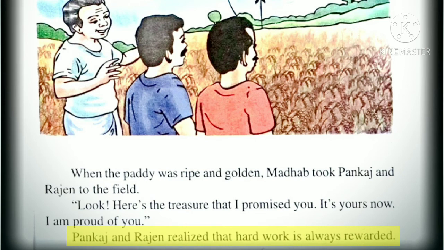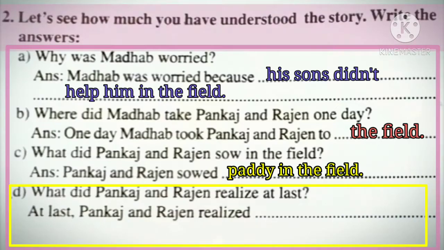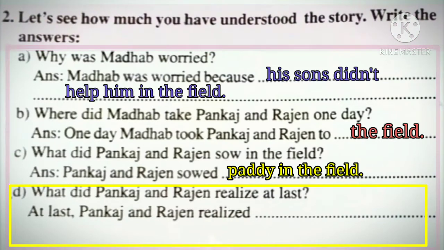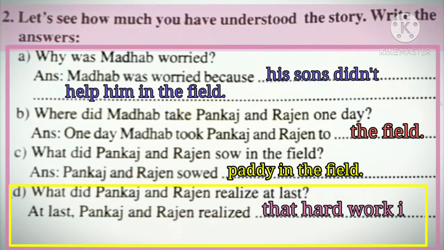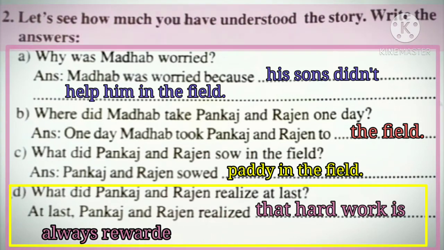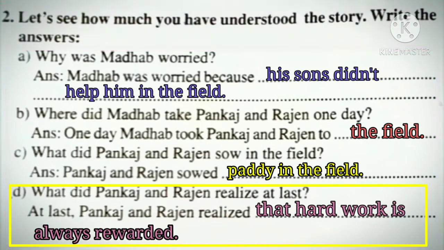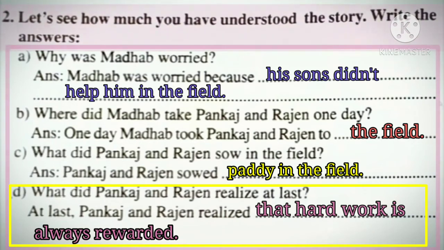So we will complete the answer as, at last Pankaj and Rajan realized that hard work is always rewarded. Okay students, read this activity at home and write it down in your notebook.